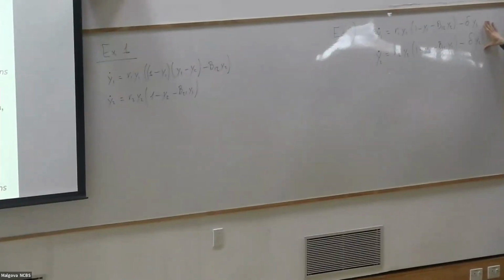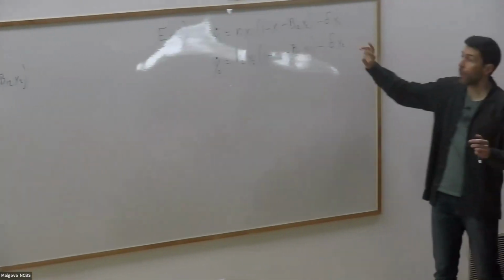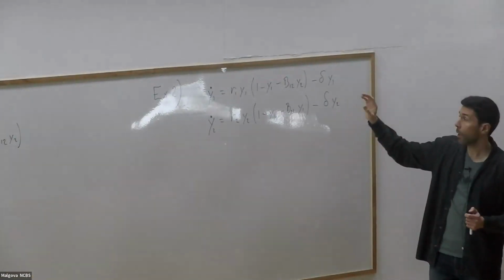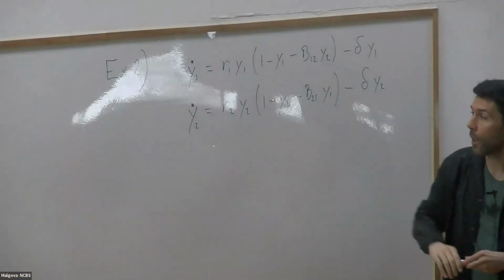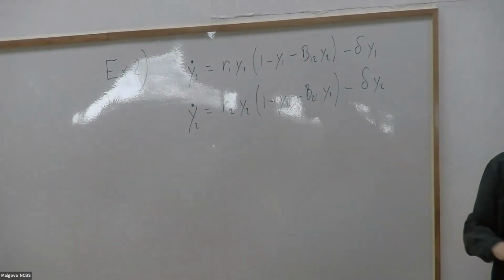The other one is to start from this modified Lotka-Volterra model in which we have an added mortality, and then the exercise is to try to find a change of variables that would result in recovering the classical Lotka-Volterra model.